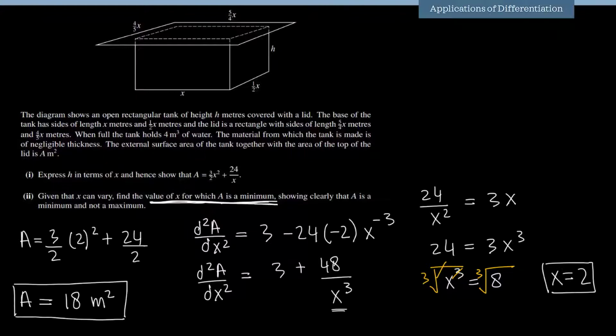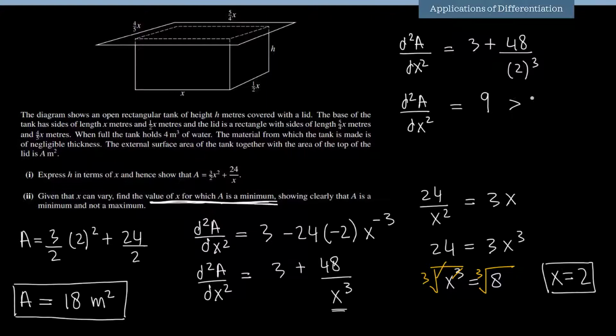Now in place of this x, I'm going to substitute the value of x for which there is a stationary point. So I'll get d squared A divided by dx squared is equal to 3 plus 48 upon 2 cubed, and this is equal to 9. So the double derivative d squared A upon dx squared is 9, which is greater than 0.